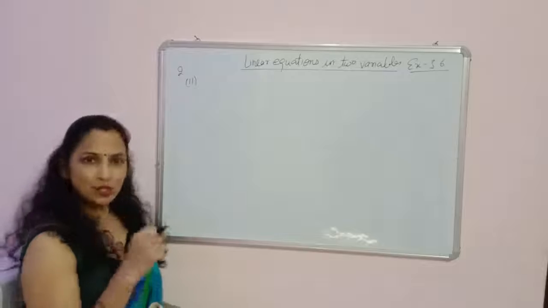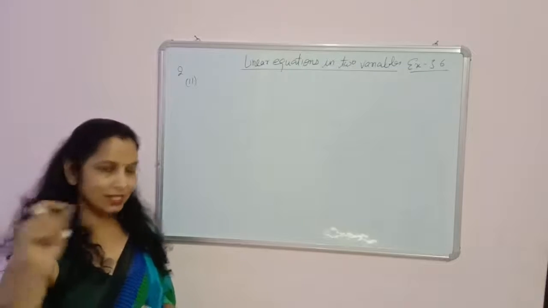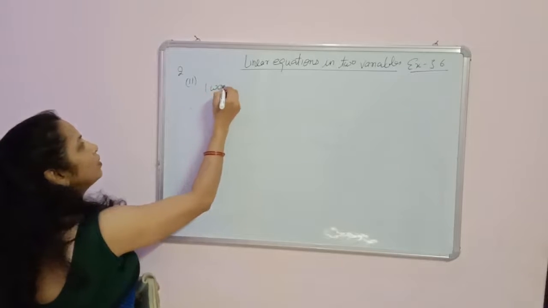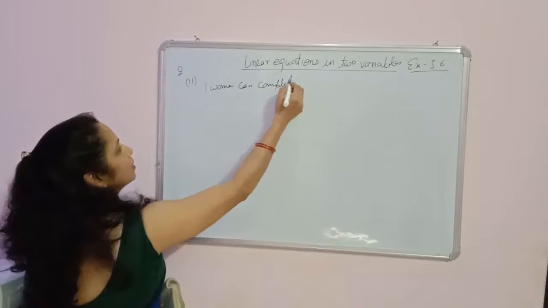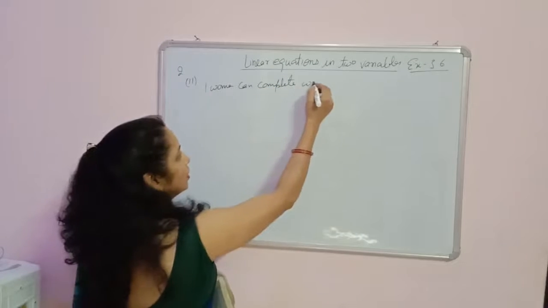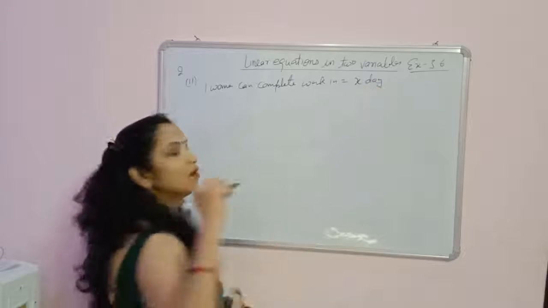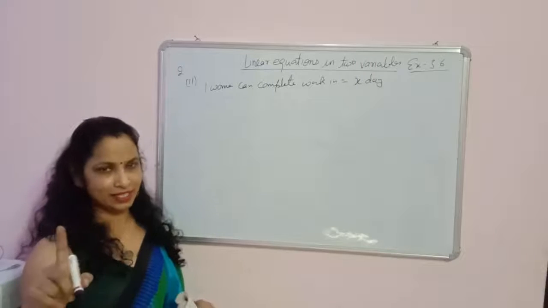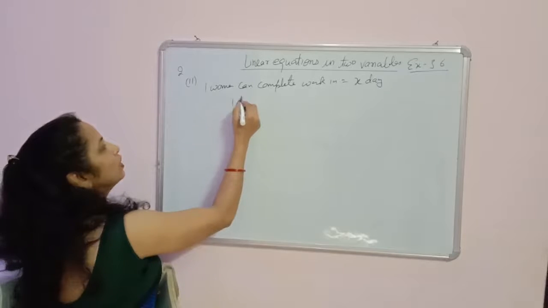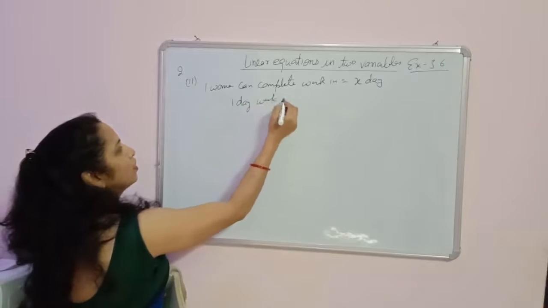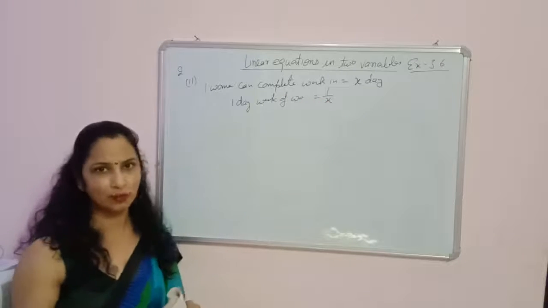So in this question, let one woman complete the embroidery work in x days. So you can say that the 1 day work of a woman is equal to 1 upon x. I think now it should be clear to you.